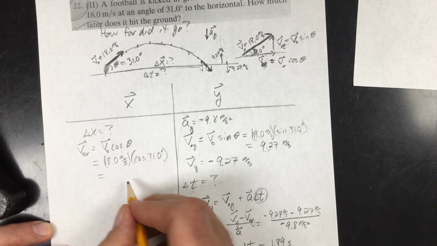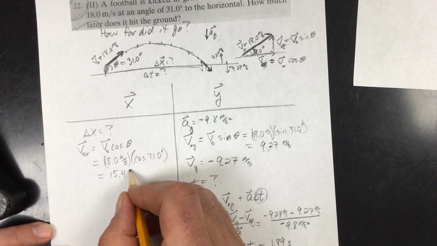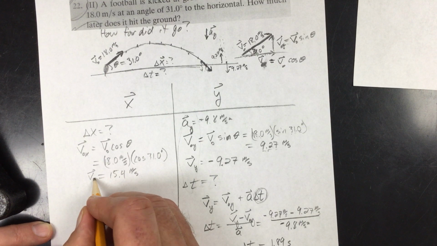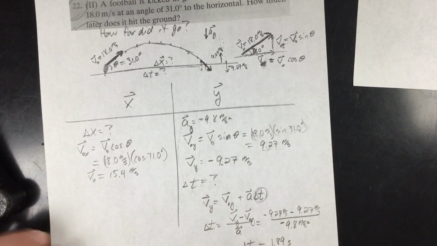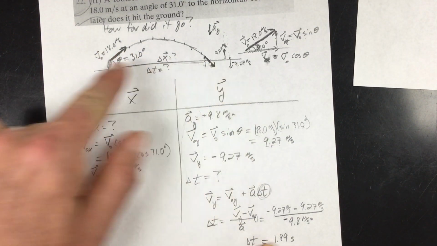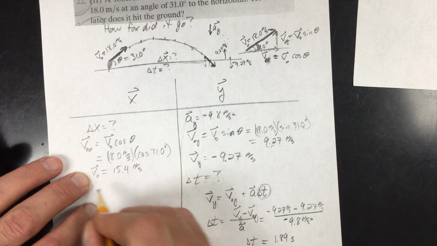And when I do that, I find that horizontally it was moving with a velocity of 15.4 meters per second. And that's in the x direction. Now, remember, what do we know about the horizontal direction? There's no acceleration there. So that's a constant velocity in the horizontal direction.